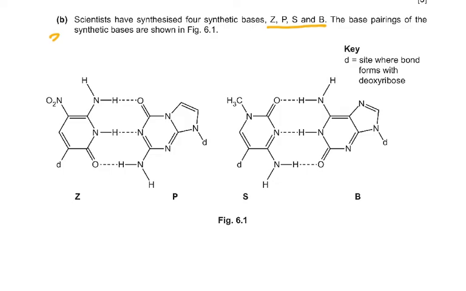So now they're going to ask you something in this. So we have Z, P. Now please remember Z is single ring, P is double ring, S is single ring, and B is double ring. And there are 3 hydrogen bonds. Cytosine and guanine have 3 hydrogen bonds.